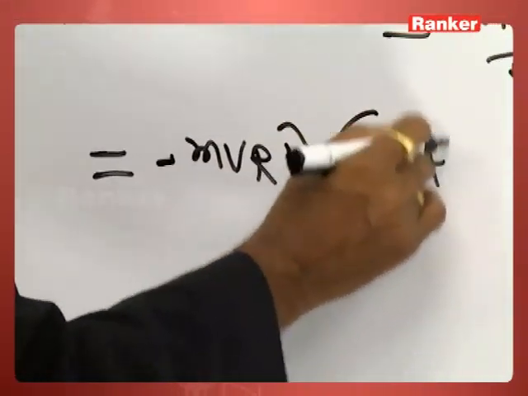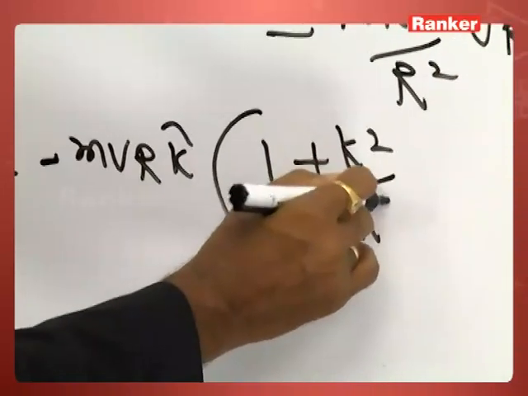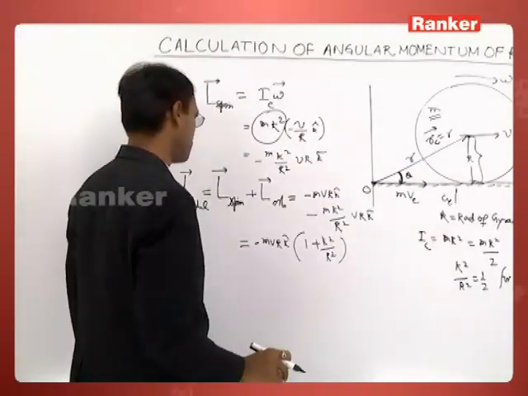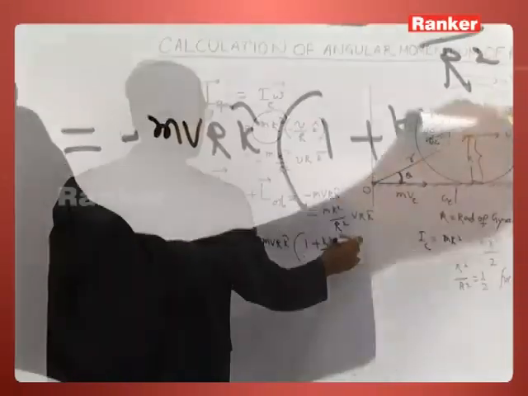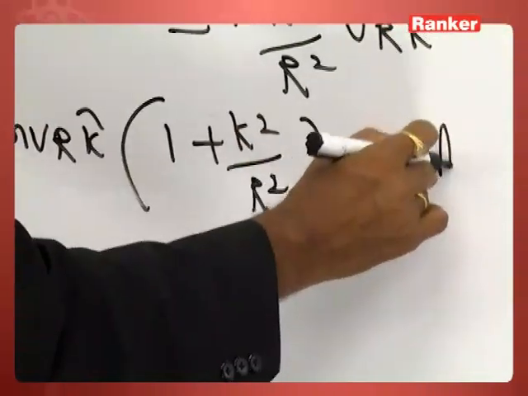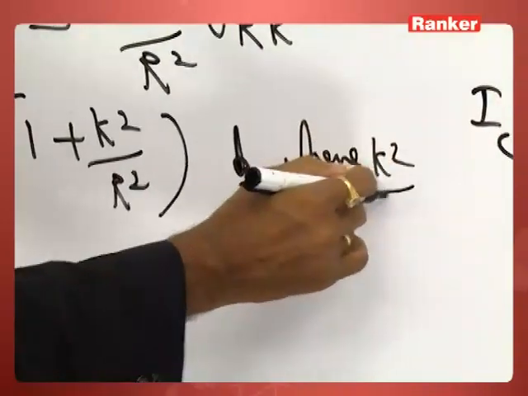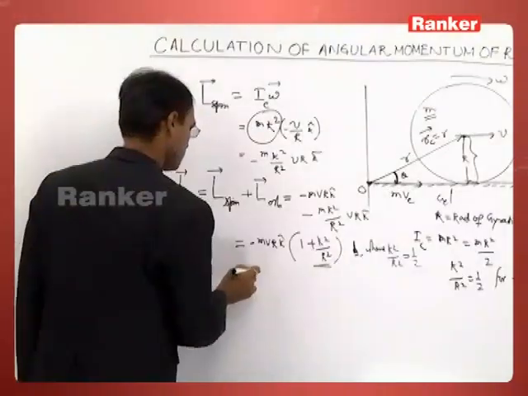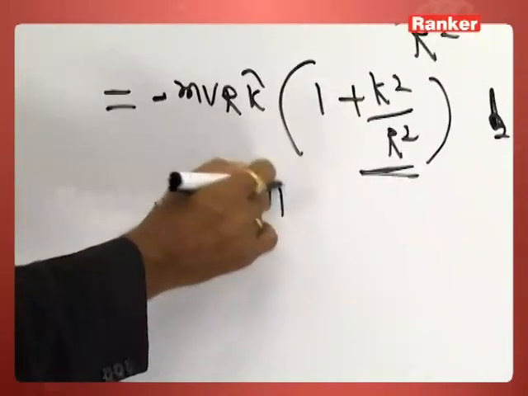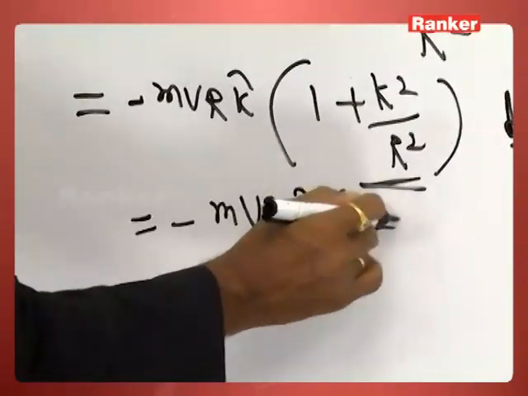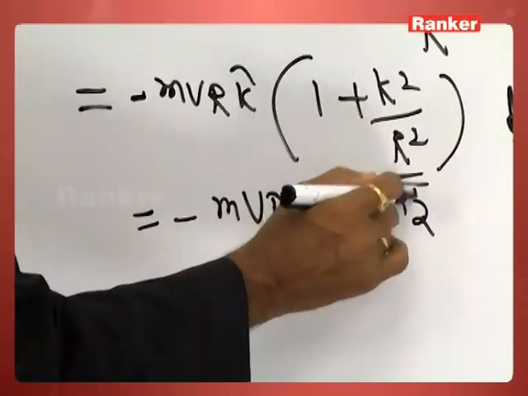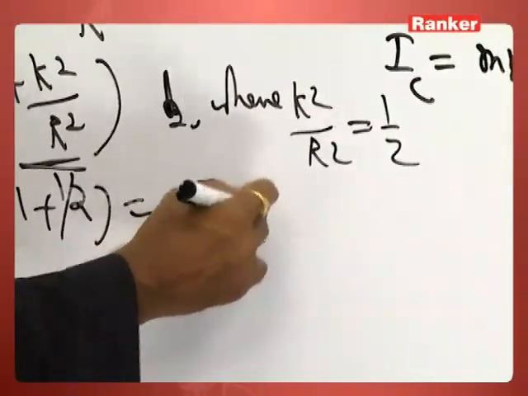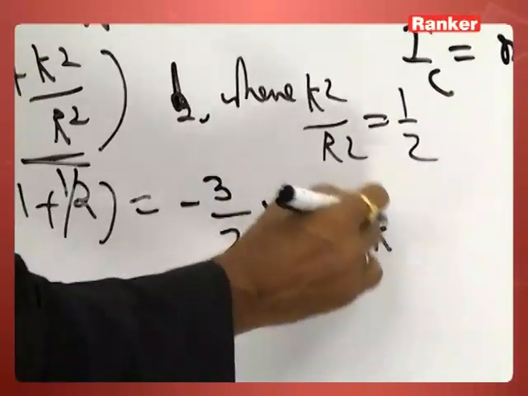You are getting 1 plus k square by r square, this is the answer, where k square by r square is equal to half. If you substitute, you are getting minus mvr k cap times 1 plus 1 upon 2. That's equal to minus 3 by 2 mvr k cap.